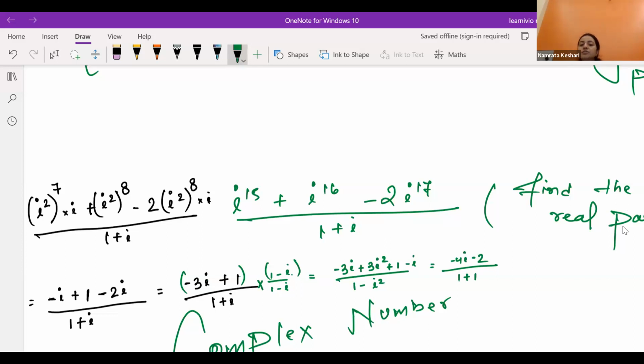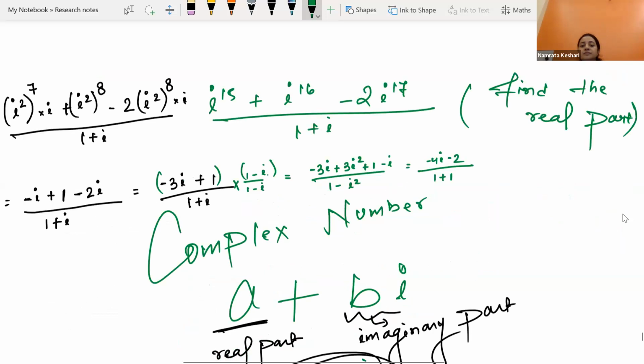Any confusion so far? No, ma'am. Now in the denominator just 2 we are having. In the numerator we are having minus 4i minus 2.